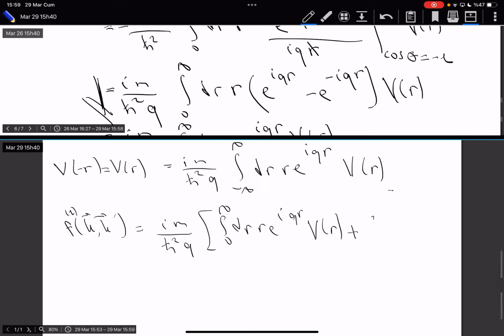So that will give me plus the integral from minus infinity to 0, dr r e to the power i q r V of minus r. Well, let's see. r times dr doesn't change sign under r going to minus r, and the exponent changes sign. And there's a minus sign in between those two integrals. I just flipped the integration limits, so it became from minus infinity to 0. That brought an additional sign. So this is my final result at this point.